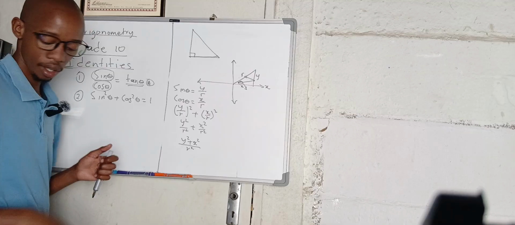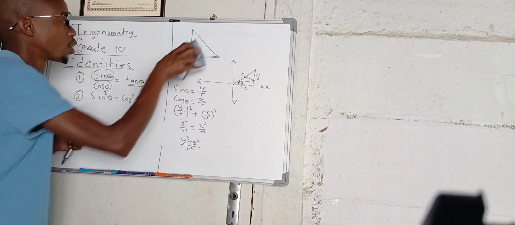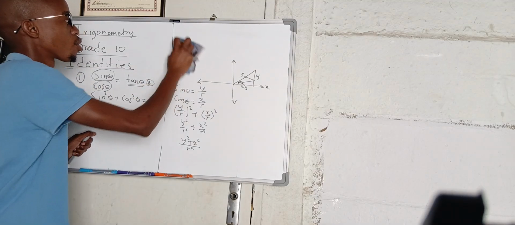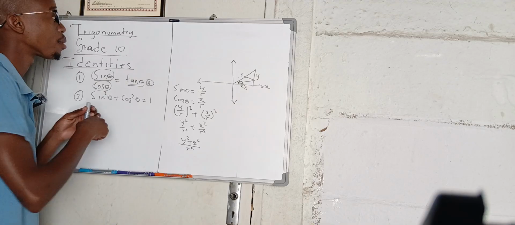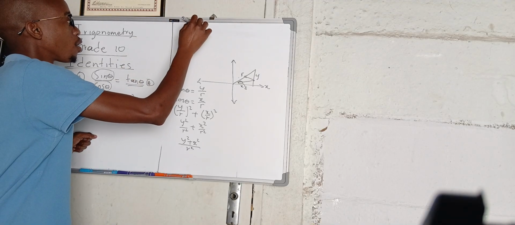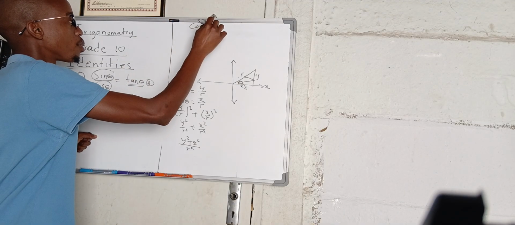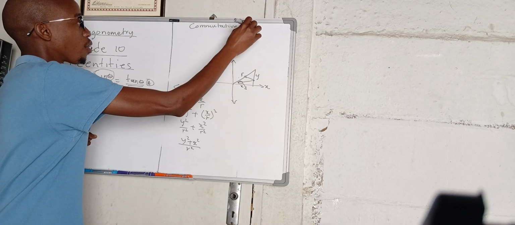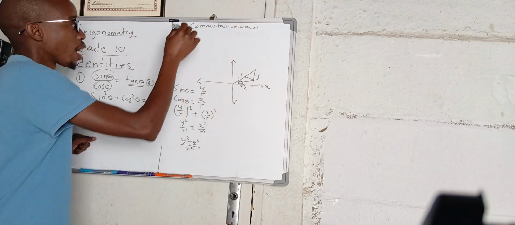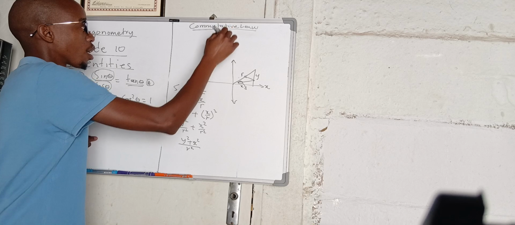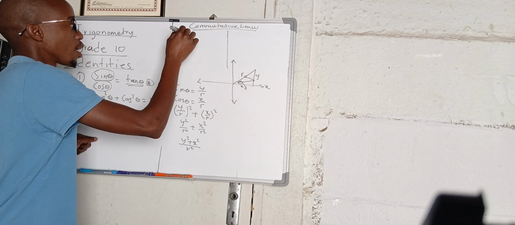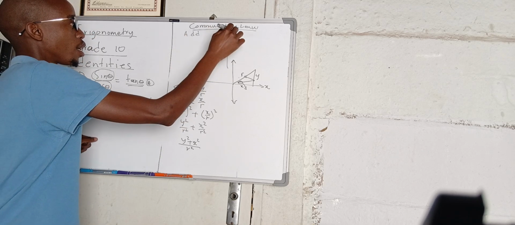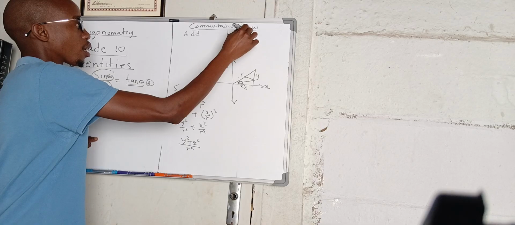Let's remind ourselves of something. There is what we call the commutative law in mathematics. It applies for addition and multiplication only.